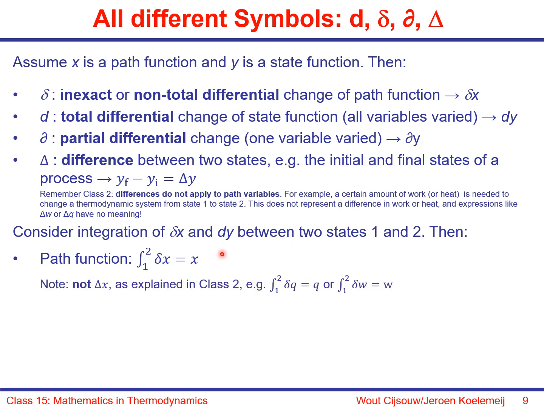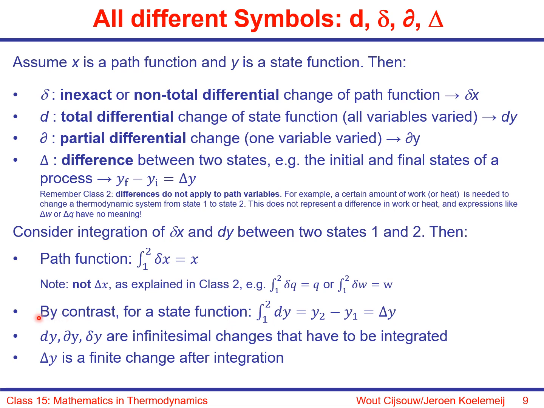And again, like we just discussed in the fine print, this is not denoted as delta x, because things like delta W or delta Q, delta heat, are meaningless. By contrast, if we have a state function, which is characterized by this total differential, in that case, the path integral will lead to something that we can write as a difference, delta y.